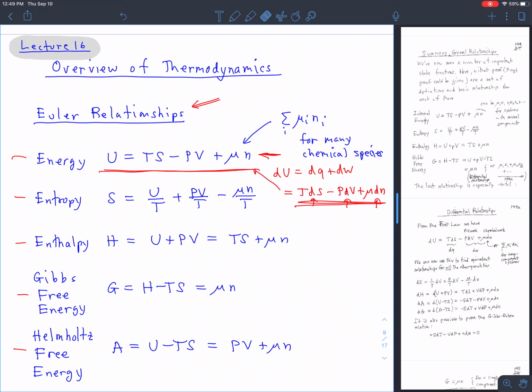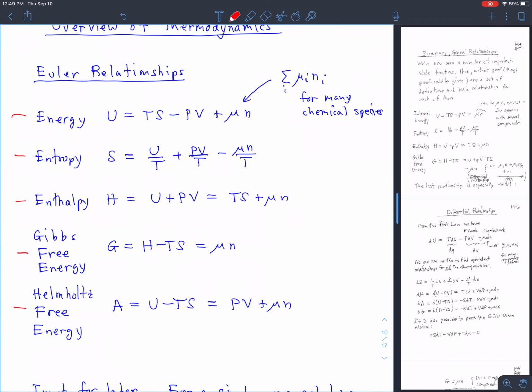Suffice it to say that the Euler relationships are true, and you can use them in any situation whatsoever, but they're not the same thing as the differential relationships that come from the first law. And we'll talk about those differential relationships down below.